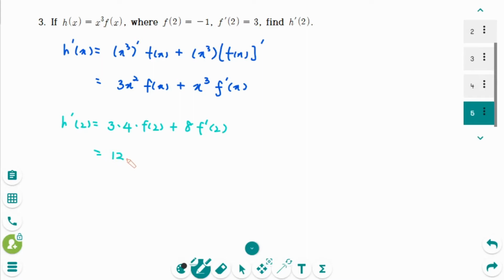So 12 times f(2), which equals −1, plus 8 times f′(2), which equals 3. So −12 + 24. The answer is 12. So h′(2) equals 12.